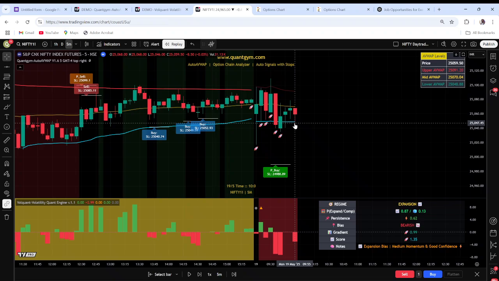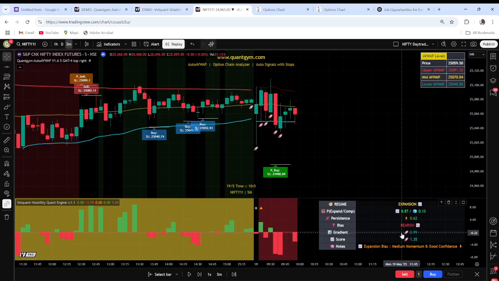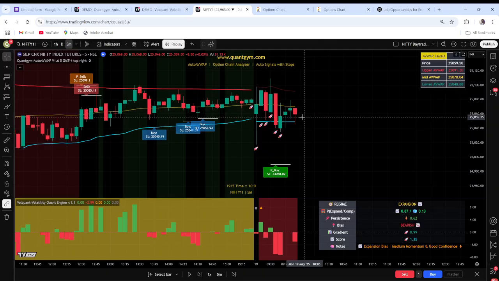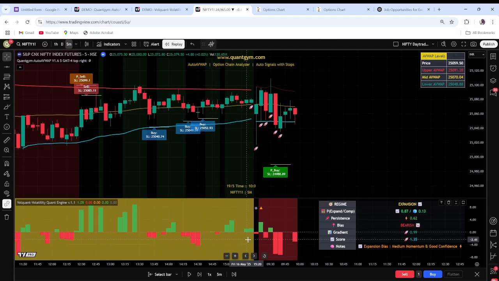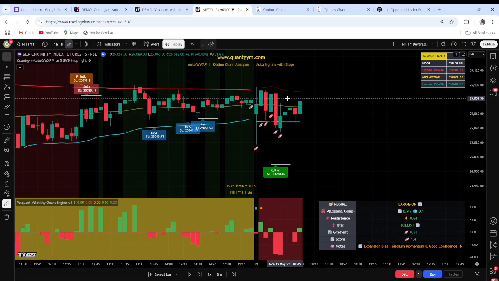See, here the market sold off a bit, took support again, as I said, the lower AVWAP and went up. Now this is going into an expansion bias with medium momentum and good confidence. That is, if the market moves anywhere now, this side or this side, you can take this move with good confidence. Let's see which way it moves. It is moving up. In this particular bar, what do I see?